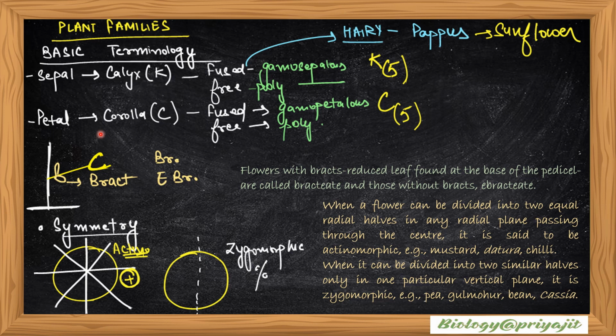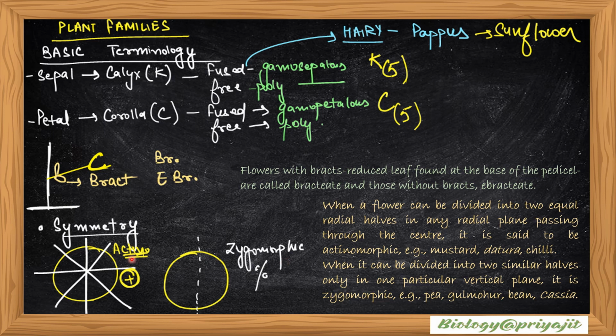Now we'll go for symmetry. To learn these five families, we should know two types of symmetry found within plants, actinomorphic and zygomorphic. When a flower can be divided into two equal halves in any radial plane passing through the center, it is said to be actinomorphic, for example mustard, datura, chili, etc. When the flower can be divided into two similar halves only in one particular vertical plane, it is said to be a zygomorphic flower.